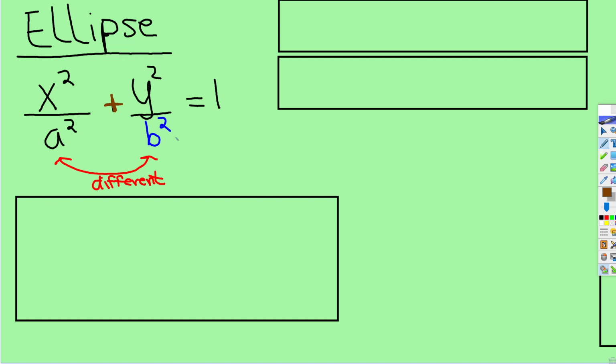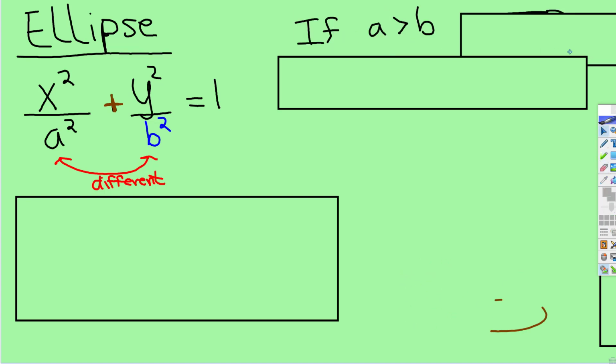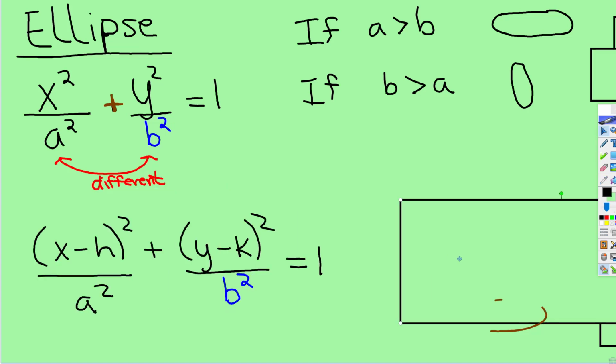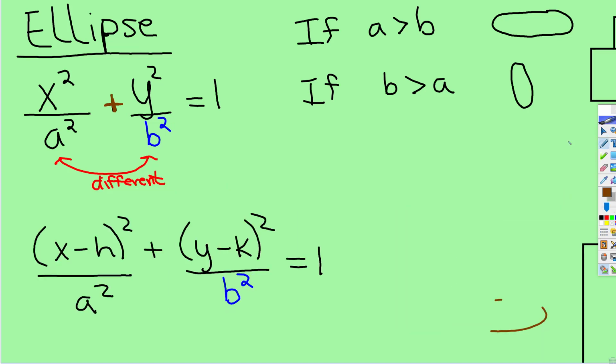That's how you know it'll either be a horizontal or a vertical ellipse. And this is how you know when that's the case. So if you take the square root of this, if the a is larger than the square root of b squared, then it's a horizontal. If the b value, when you take the square root, is larger than the a, then it is a vertical ellipse.